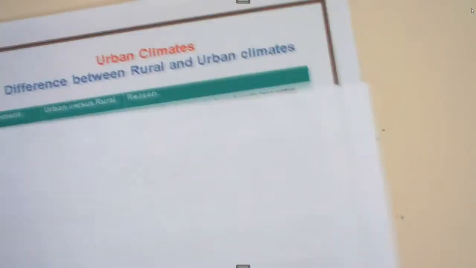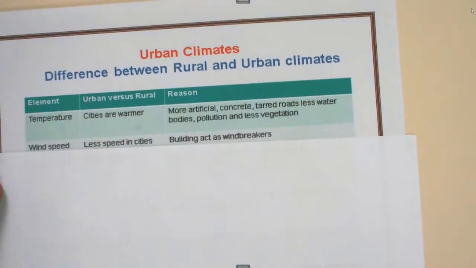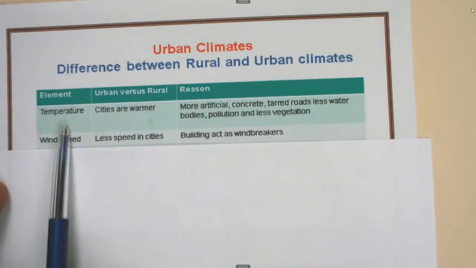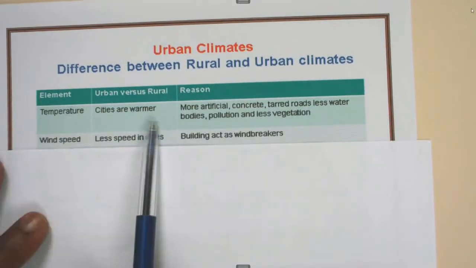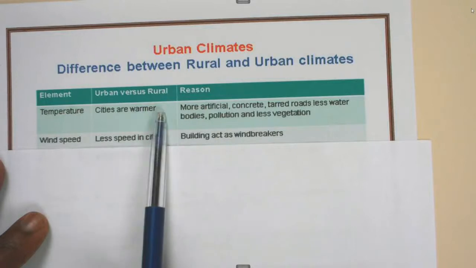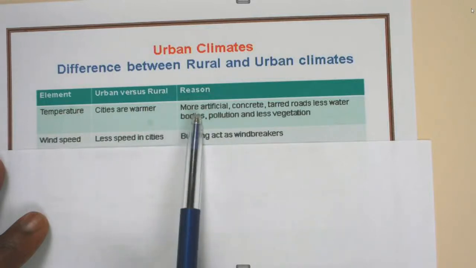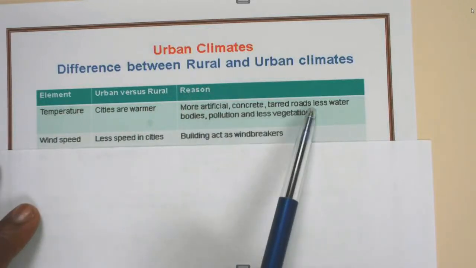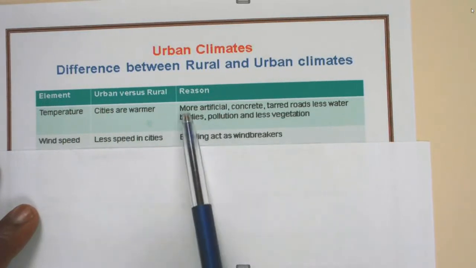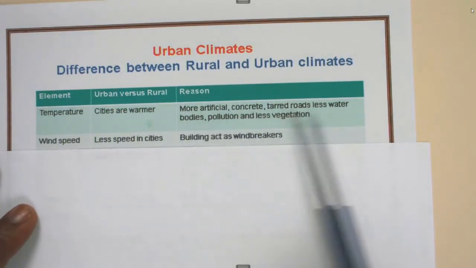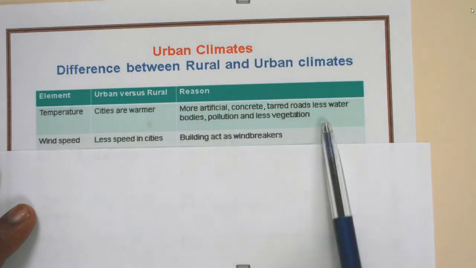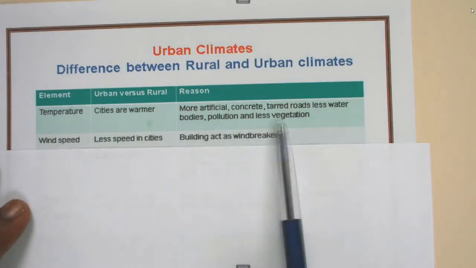Let us look at the difference between rural and urban climate. In terms of urban versus rural, temperature-wise, cities are warmer than rural areas. The reason is that the city generates its own heat through concrete, tarred roads, fewer water bodies because of pollution, and less vegetation.